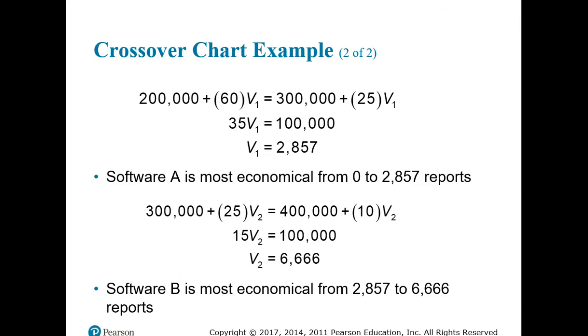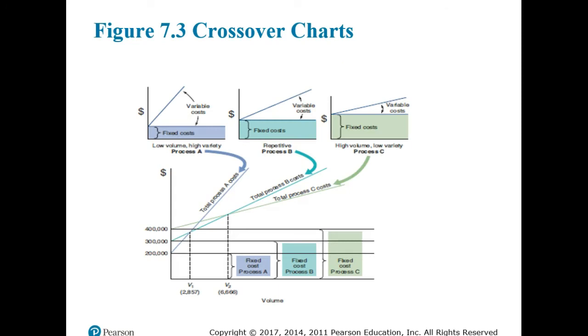So we're going to move on to the next slide. As you can see, the software and related process chosen is highly dependent on the forecasted volume. This slide reproduces Figure 7.3 from the textbook, which illustrates the concepts from the example. If the fixed and variable costs of different production strategies can be accurately estimated, the crossover charts help to determine the ranges of volume for which each strategy is the cheapest.